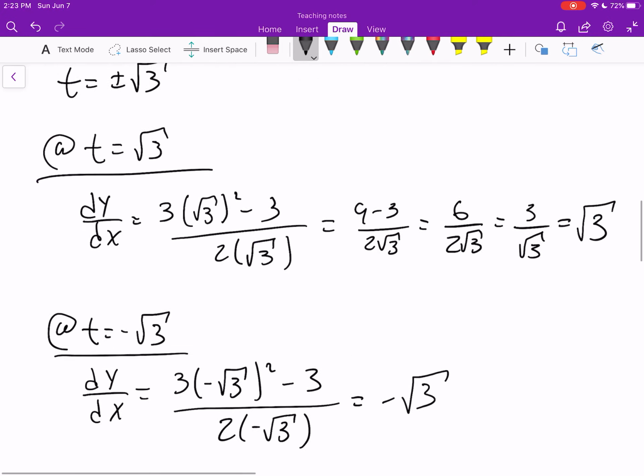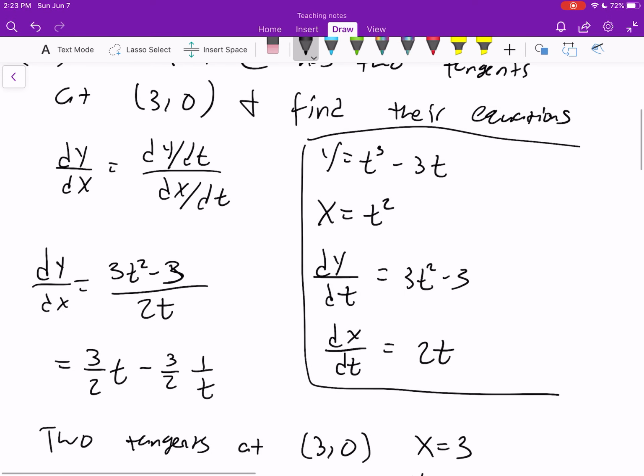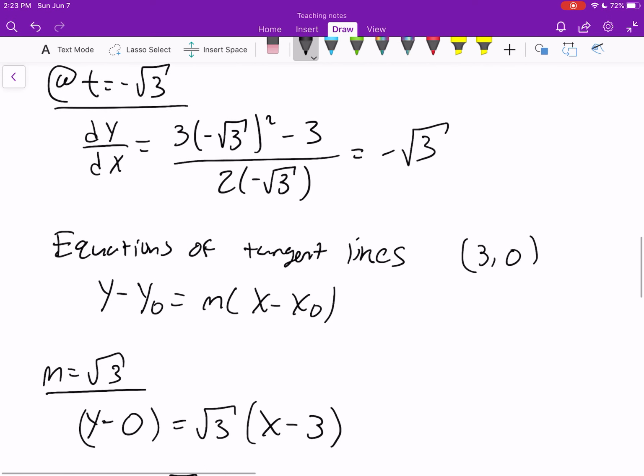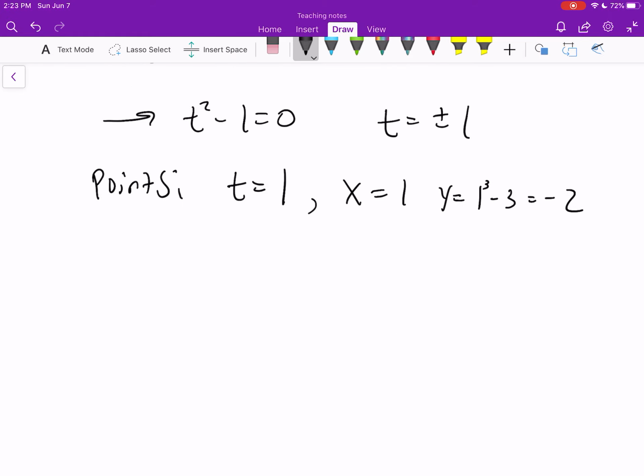Is that right? Let me double check the parametric equations. t cubed. Yeah, that's fine. Okay, so that's when t is equal to 1. t is equal to minus 1. I'm going to get x is equal to t squared, so x is equal to negative 1 squared, which is 1. And I'm going to get y is equal to negative 1 cubed.